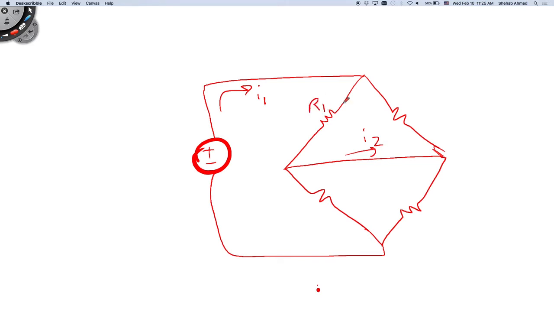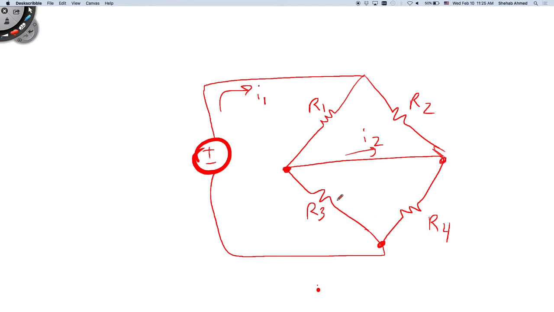This is R1, let's say R2, and then R3, and then R4. So this resistor and this resistor, R3 and R4, they're connected at 2 points. So they're in parallel. Right or wrong?